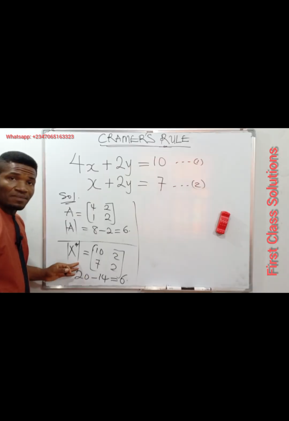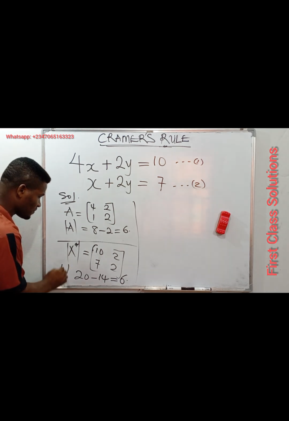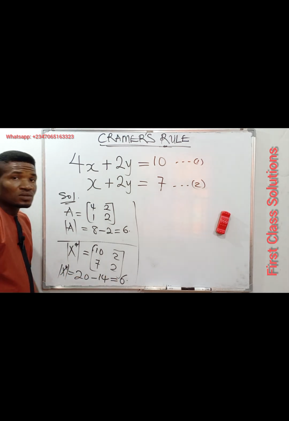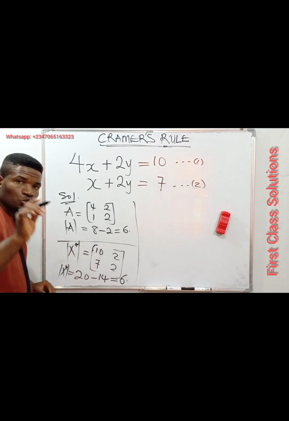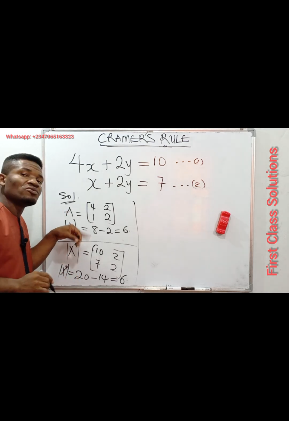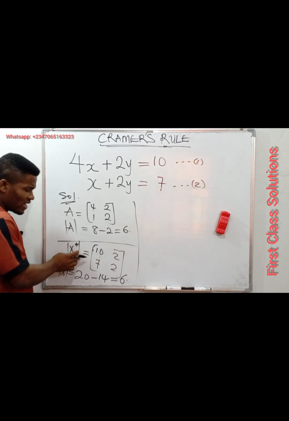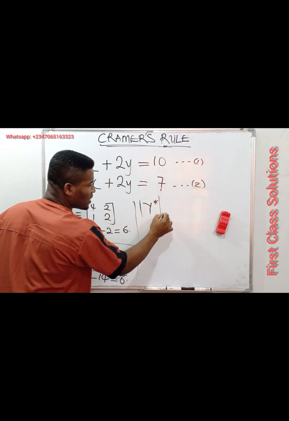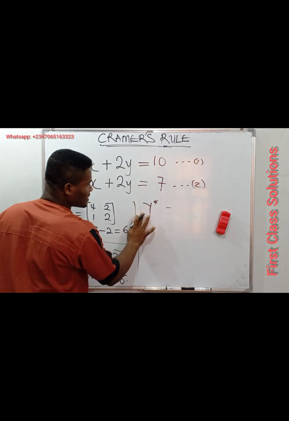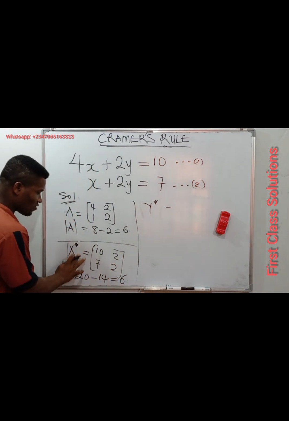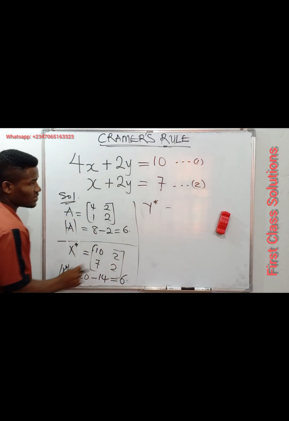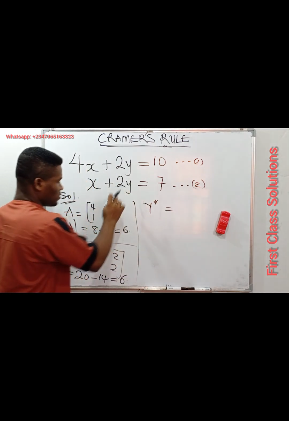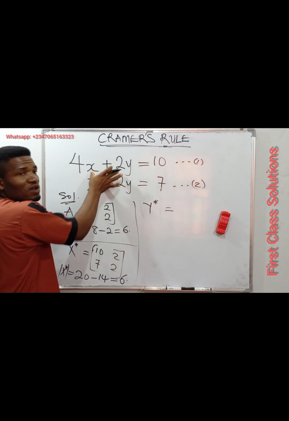The determinant of this special matrix for x is 6. This is not actually the end though. I will show you how to get the actual values of x and y. So we get another special kind of matrix for y, and we get its determinant.